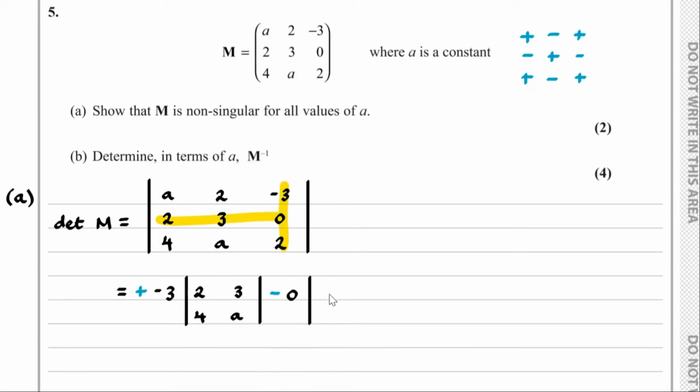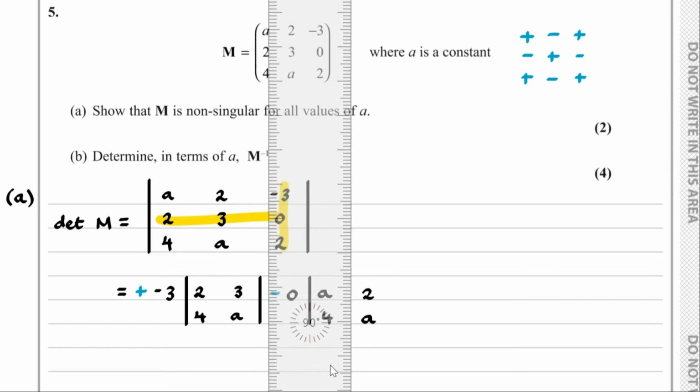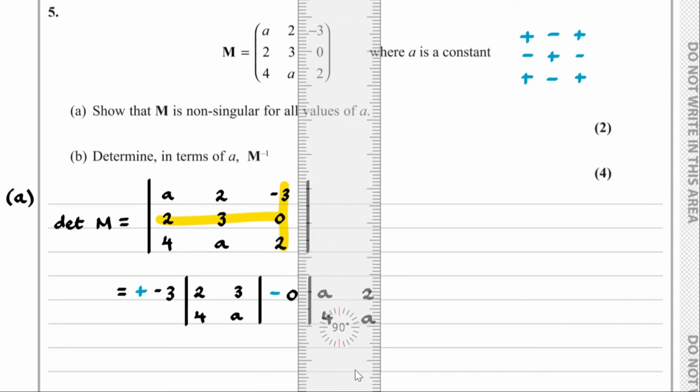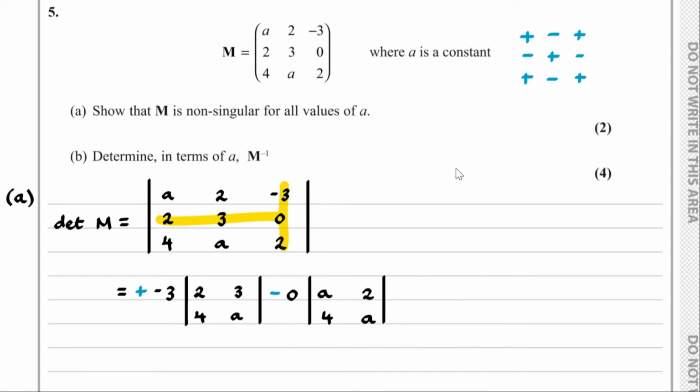So we have a, 2, 4, a, and let's now expand along the final row and column.